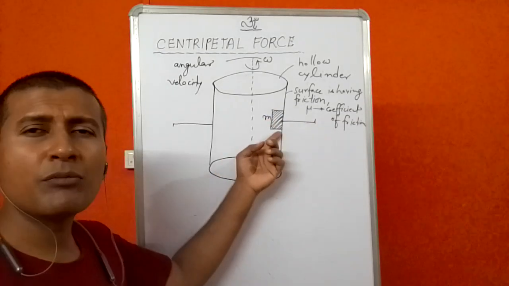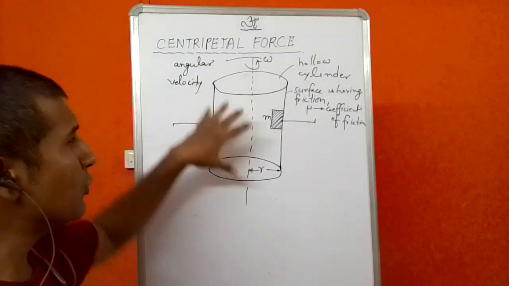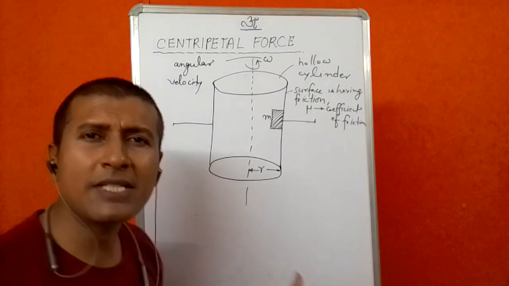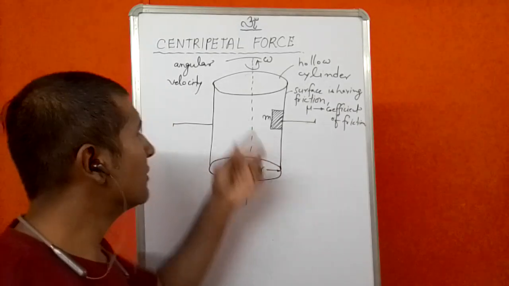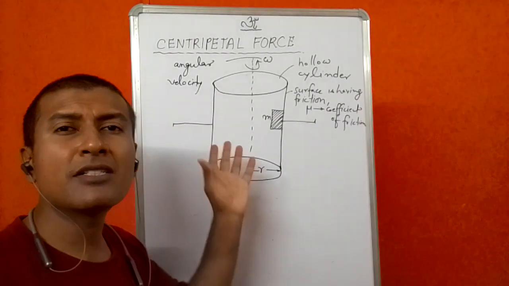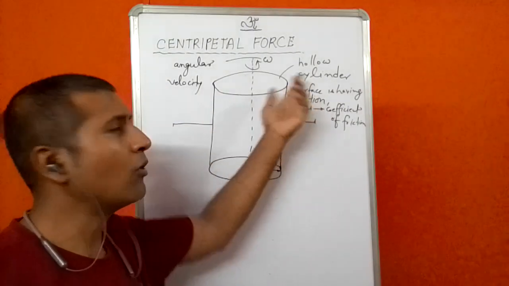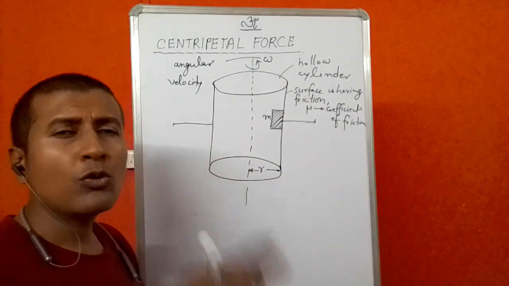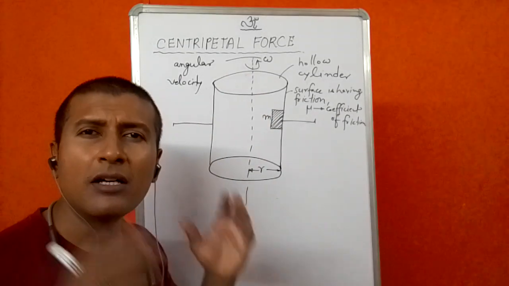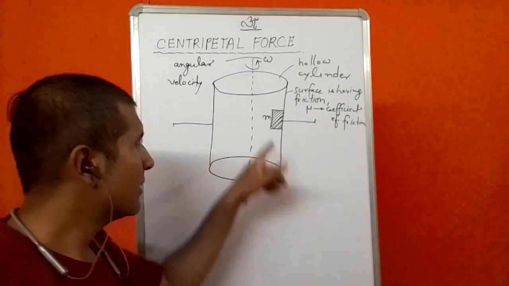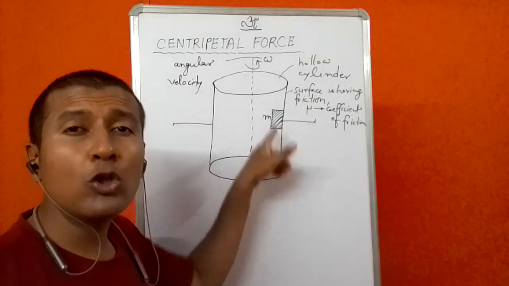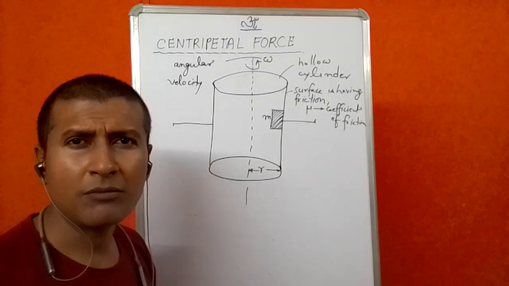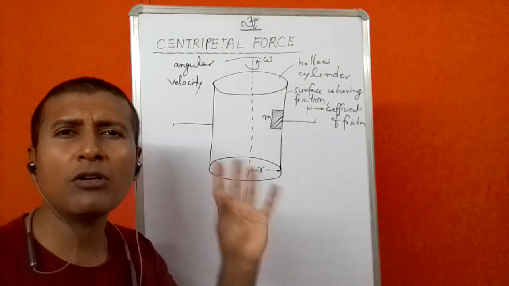This is this body. Now you need to find out the minimum value of omega, basically the angular velocity with which this rotor or this hollow cylinder is rotated. So how much angular velocity has to be kept so that this body will not lose the contact, means it will remain in balanced condition. Now you try to understand, is it possible or not?